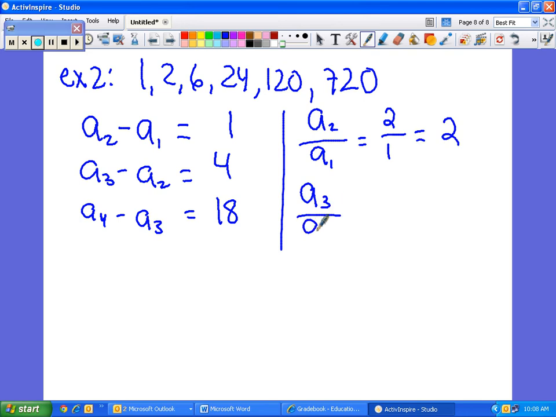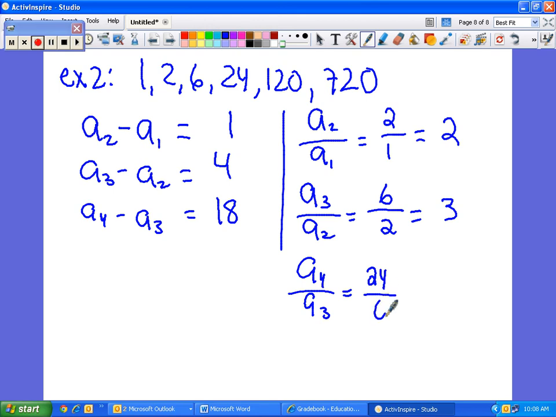A sub 3 divided by a sub 2. A sub 3 is 6. A sub 2 is 2. So that's 3. Now a sub 4 divided by a sub 3. 24 divided by 6 is 4.